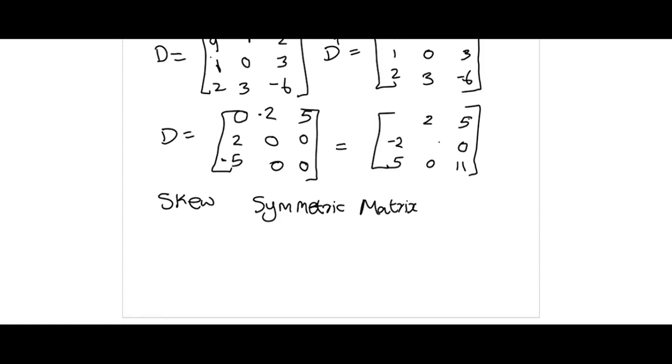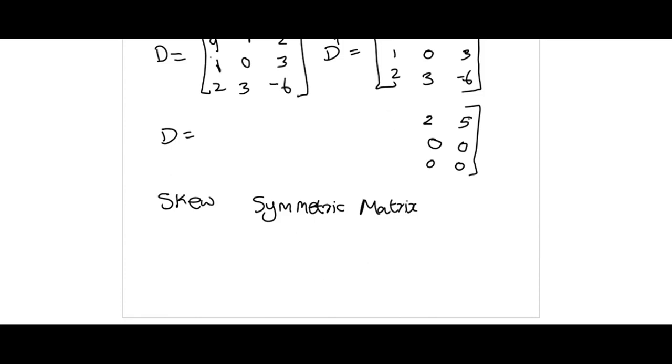When all entries in the principal diagonal are 0, we'll have what it actually defines skew symmetric matrix as. So permit me to start this process all over again, and in a more clear manner, so we can understand it fully well.